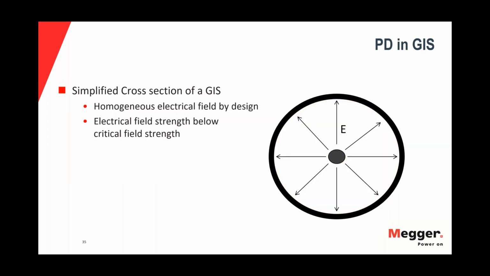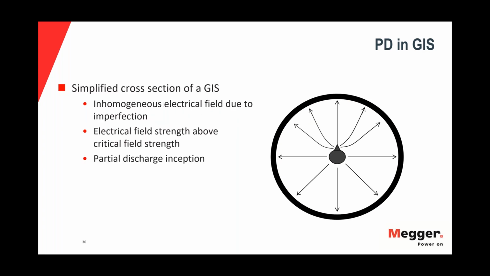A simplified diagram usually shows that the electric field is homogeneously distributed throughout the inside, so the electric field strength should be below the critical field strength. However, if you have an imperfection, even a small one from manufacturing, for example, it will cause an inhomogeneous field around that imperfection area, which leads to excessive electric field, and that can result in PD eventually.